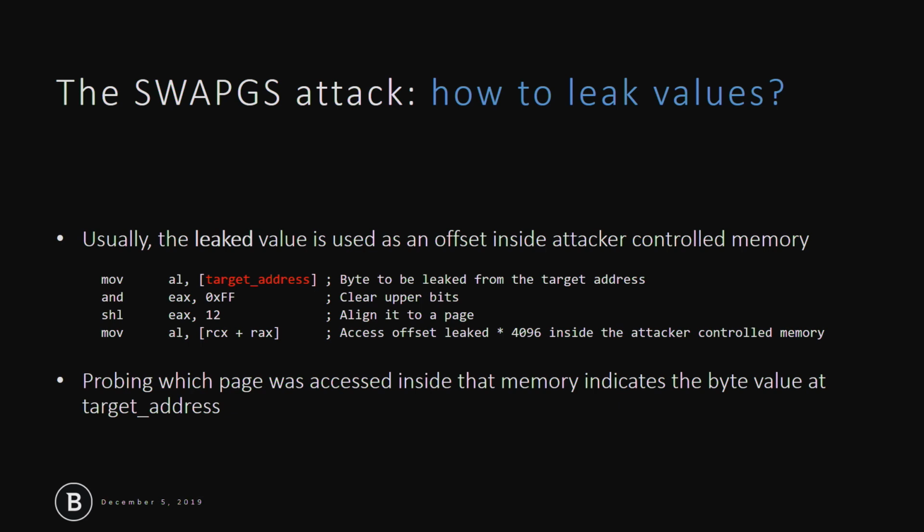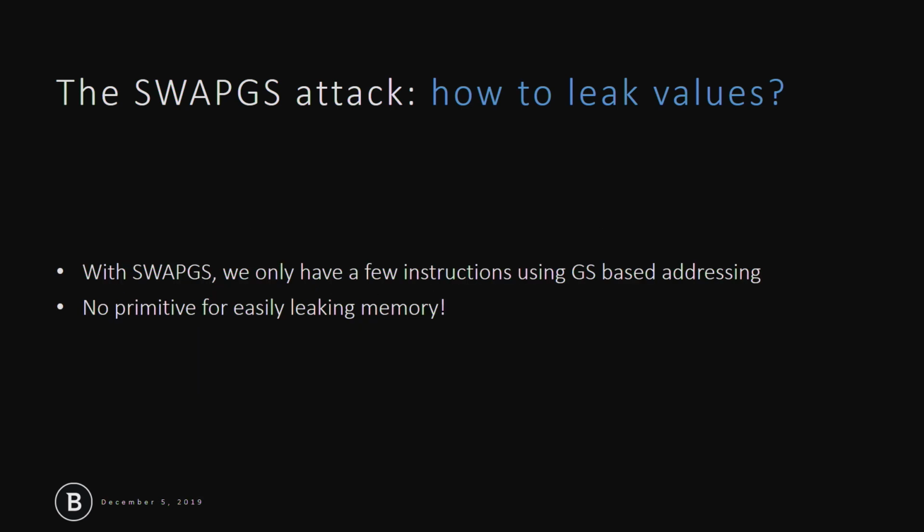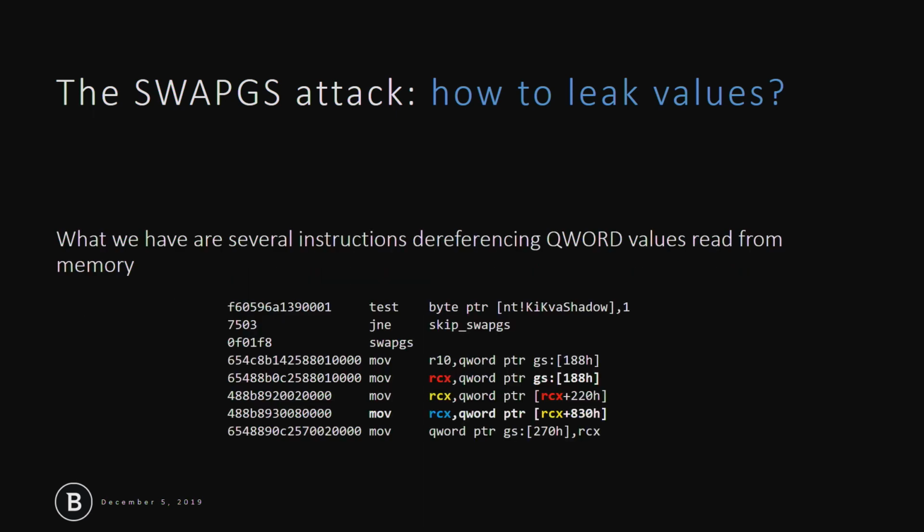But our chunk of code doesn't even remotely look like something that we could use to directly leak values. But what we have instead with these gadgets are a few instructions using GS-based addressing, okay? And let's take a closer look at this gadget. This gadget makes several GS references, okay?